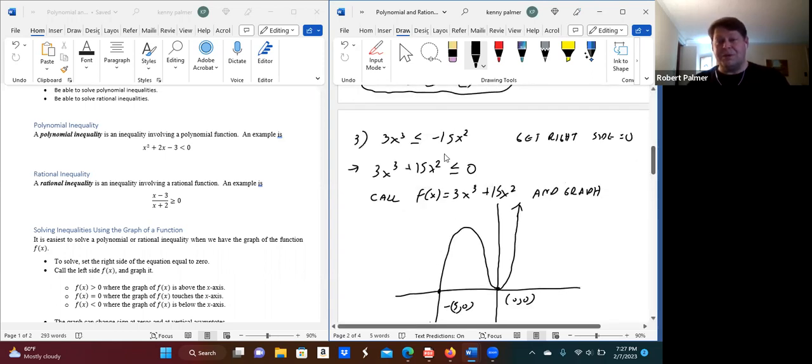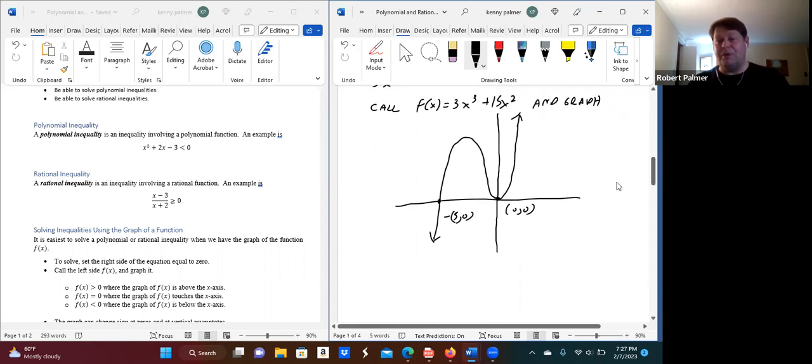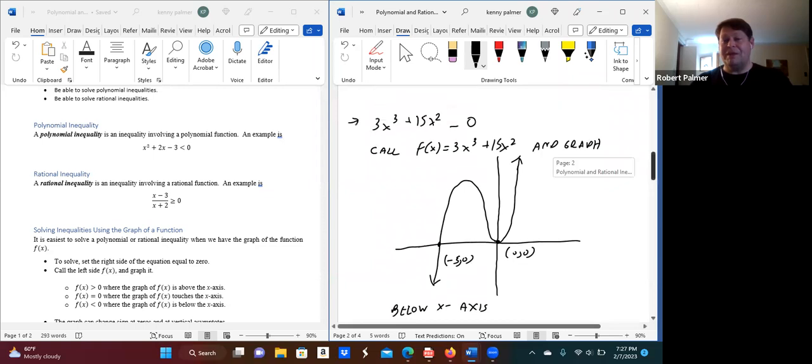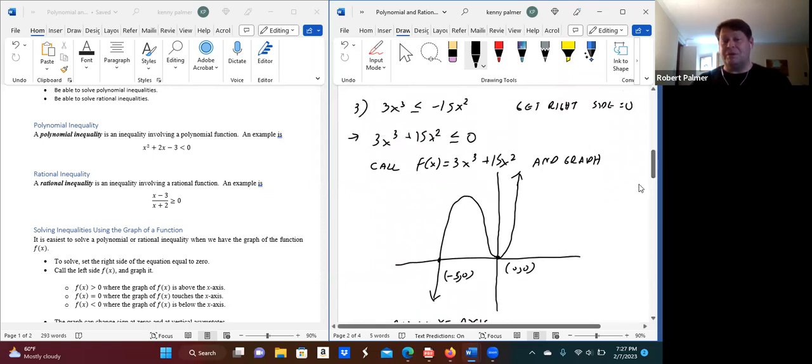Once again, this one is less than or equal to 0. Where is it below the x-axis? Obviously, to the left of -5. Oops, negative infinity should be inside a parenthesis there. And also, since we have the less than or equal to, the endpoint is included.